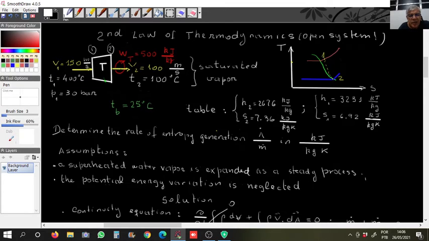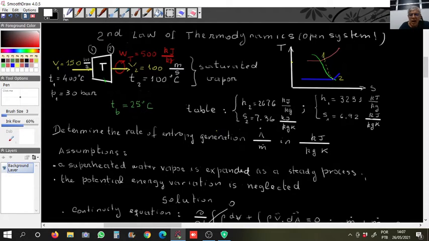There is work done by the fluid, and the turbine receives the work, 500 kilojoules per kilogram. The exit velocity is 100 meters per second, and the temperature dropped from 400 degrees centigrade to 100 degrees centigrade.